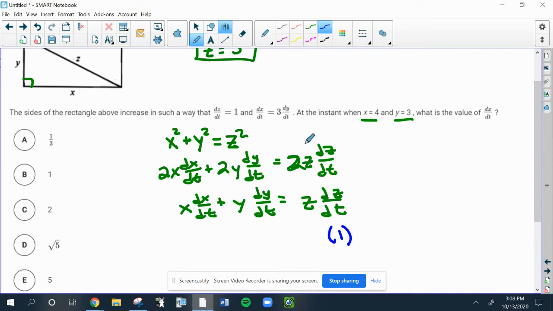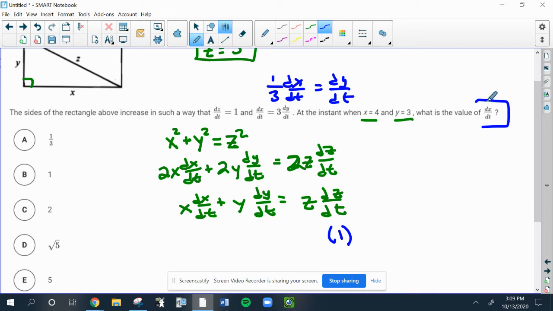But look, I'm trying to solve for dx/dt. So I don't want to get rid of this dx/dt. I want it in there. So instead I'm going to say dy/dt is 1/3 dx/dt.